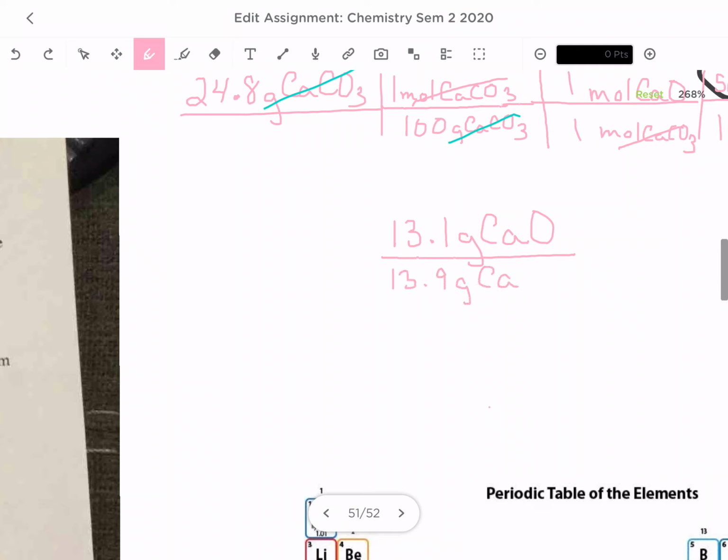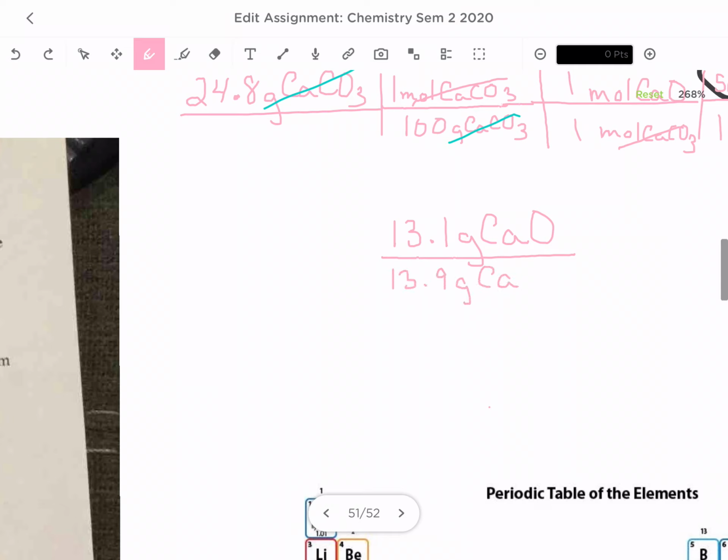So I'm grabbing my calculator and I'm going to go 13.1 divided by 13.9 equals times 100, and that gives me 94.2%. So if we look back at this problem, it said, what is the theoretical yield?